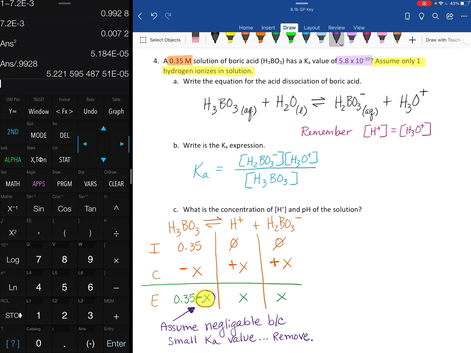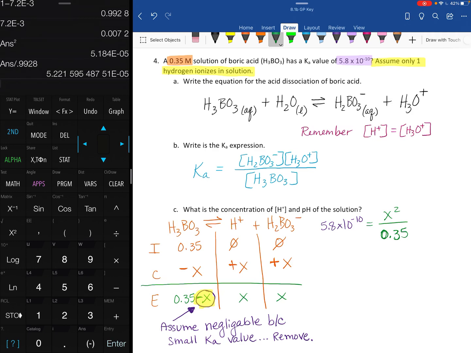So let's go ahead and plug this into the expression that we already wrote up above. Ka, which we know was 5.8 times 10 to the negative 10th, that's very small, is going to be equal to x squared over, and we're just going to make it 0.35.